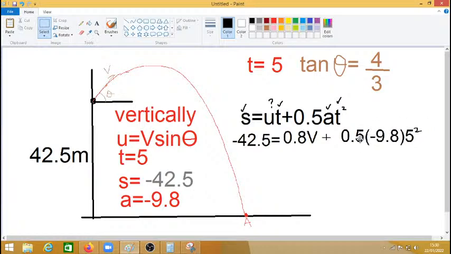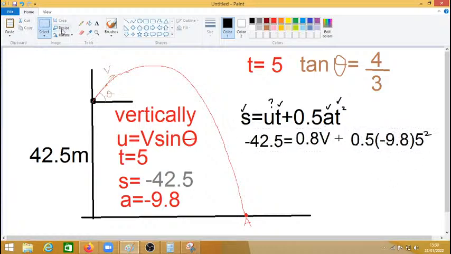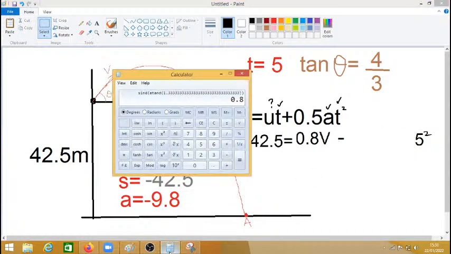Okay, so I'm just going to rearrange this very, very simply. So I'm going to take the minus 42.5. I'm going to take the plus and the minus here and change that into a minus. I'm going to multiply 0.5 with the 9.8 to become 4.9. 4.9 times 5 squared works out to be 122.5.